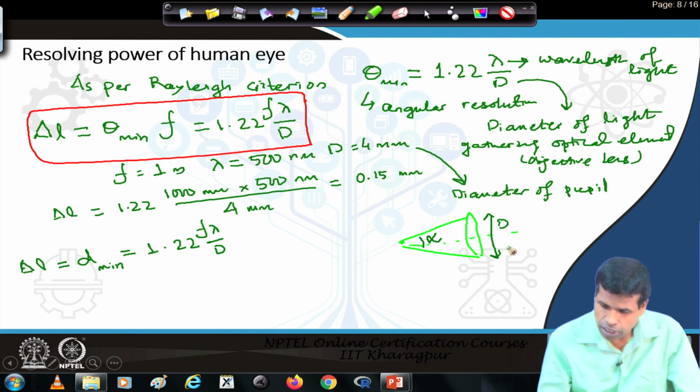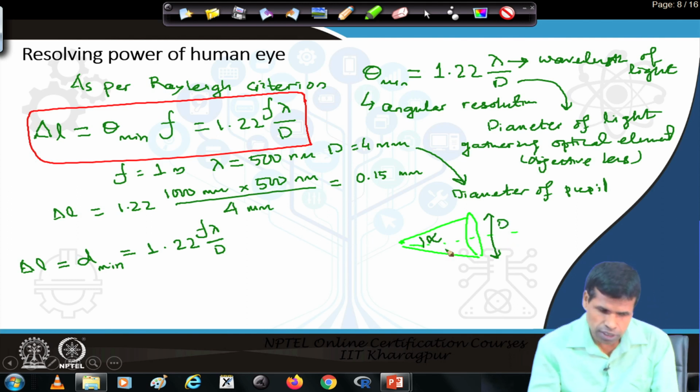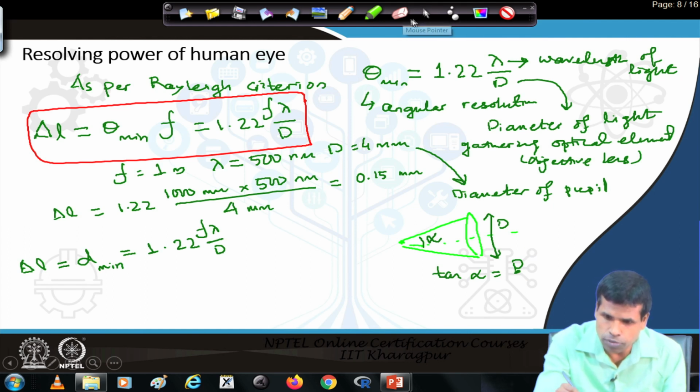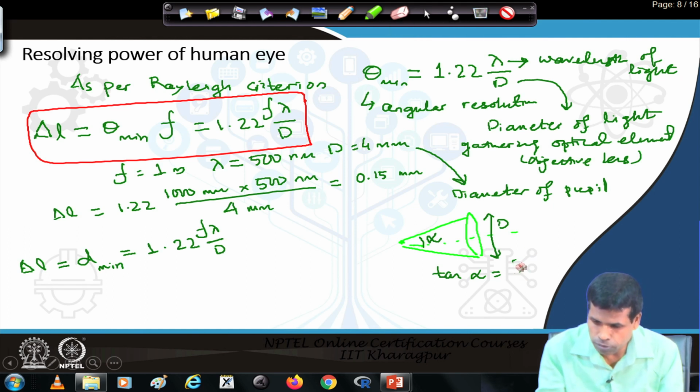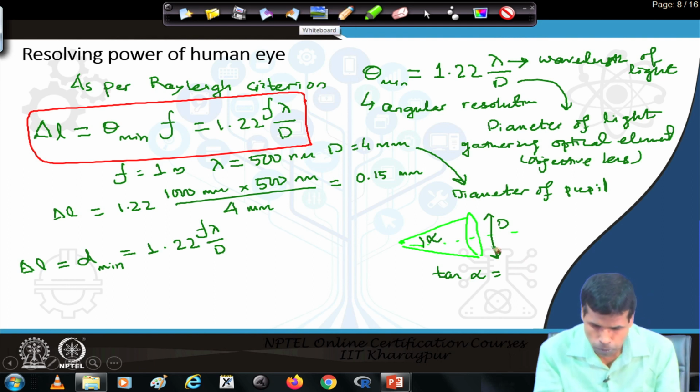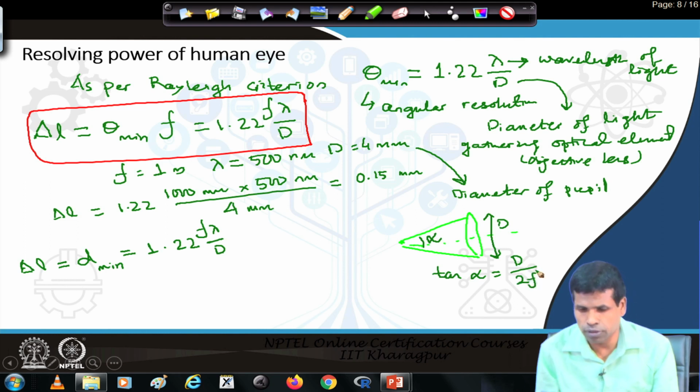Here we can write tan alpha is equal to d by 2 f.